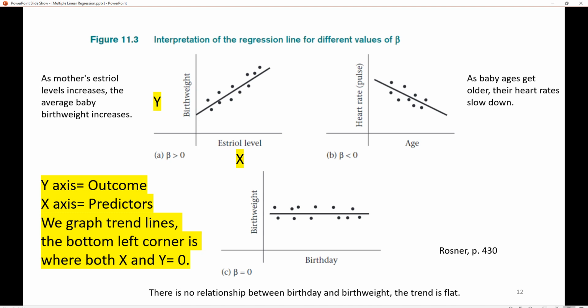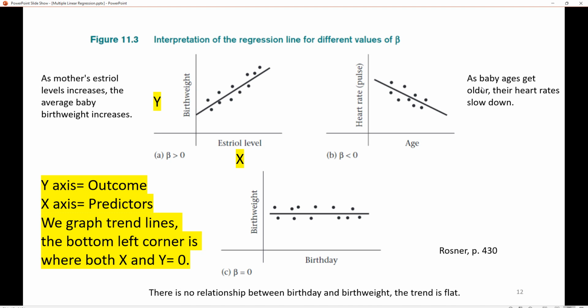And we have y and x listed, and y on the y-axis, that's for the outcome. On the x-axis, that's for our predictor. We graph trend lines, and on the bottom left corner is where both x and y equal 0. And on the right, we have another trend, so regression lines can go up and down. It's just however that trend line, however that pattern of data is seen.